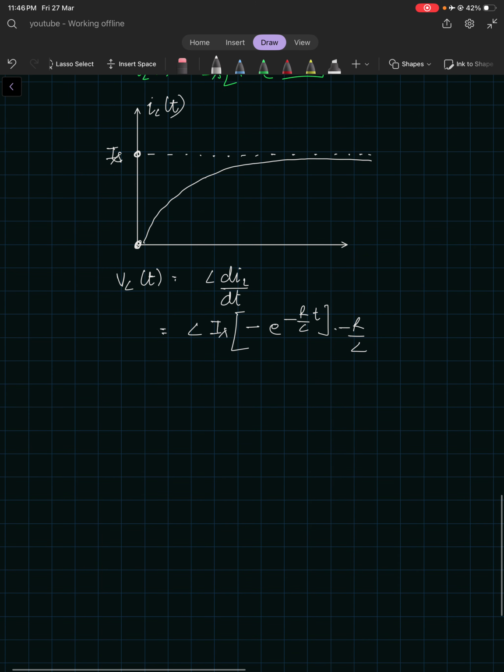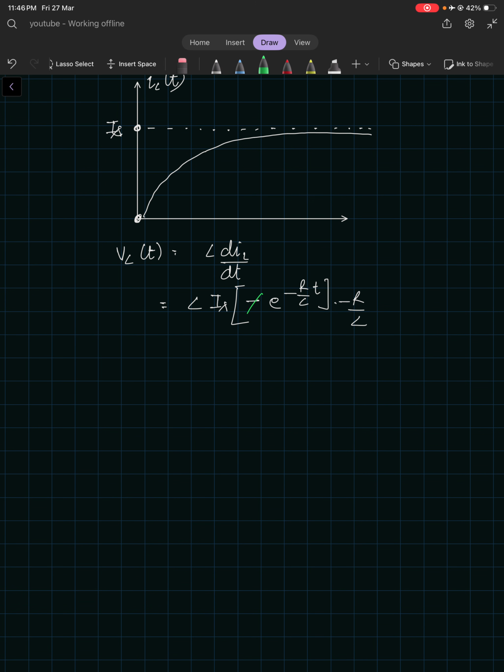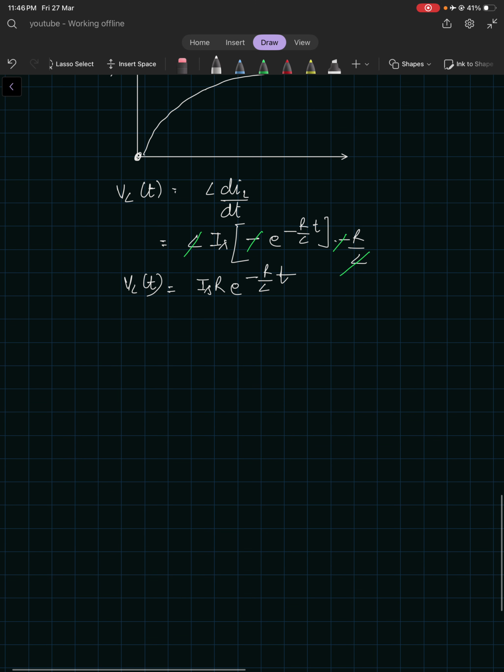So minus minus cancel, and L and L cancel. So this will be like IS into R e power minus R by L into T. This was VL of T, right? And here you can cross verify, at T is equal to 0, the voltage was IS into R, right?